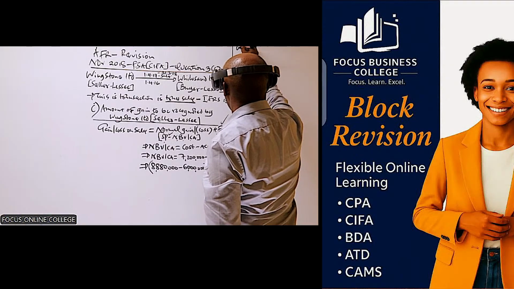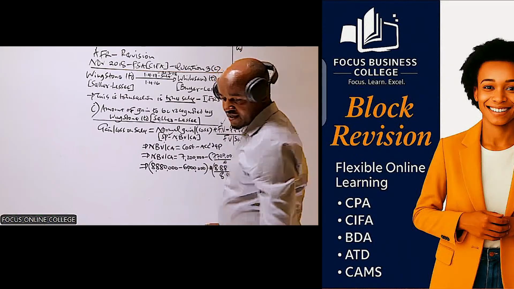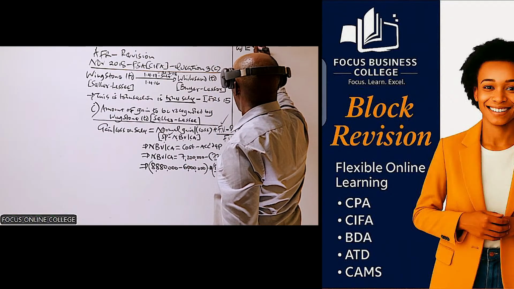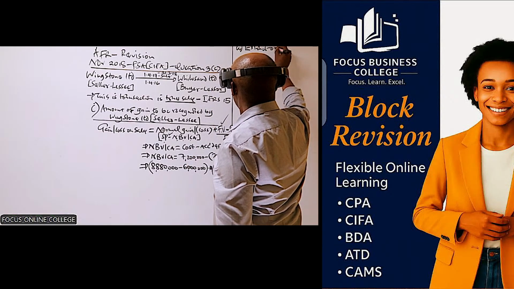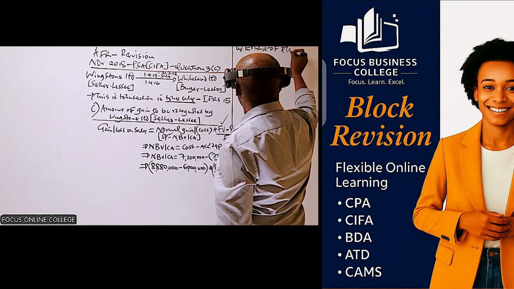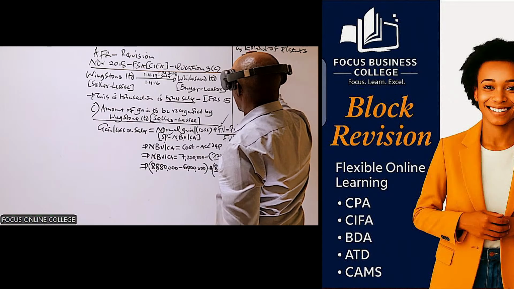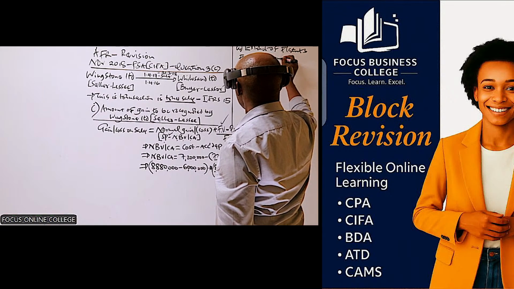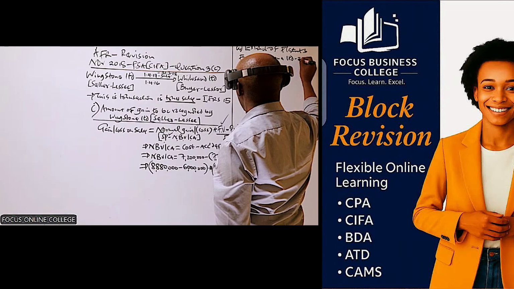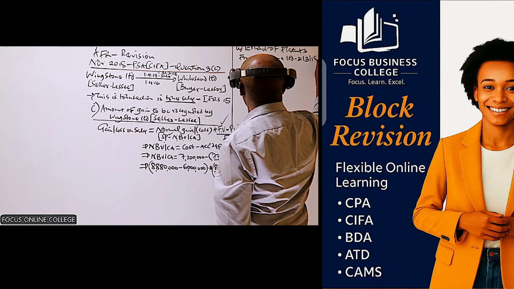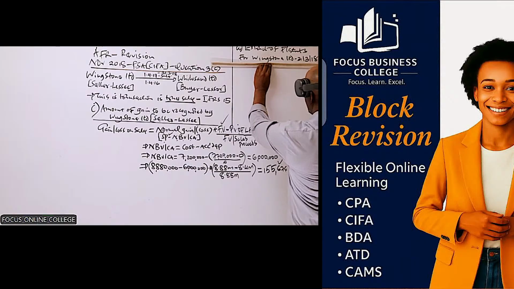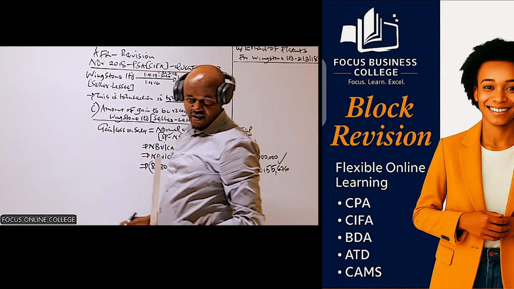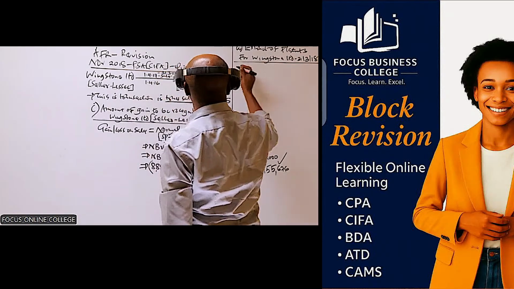This will help us answer Roman 2, where we are required to prepare extracts of financial statements for JH Limited for the year which ended 31st of March 2018. So first of all, we need to compute the right of use asset.